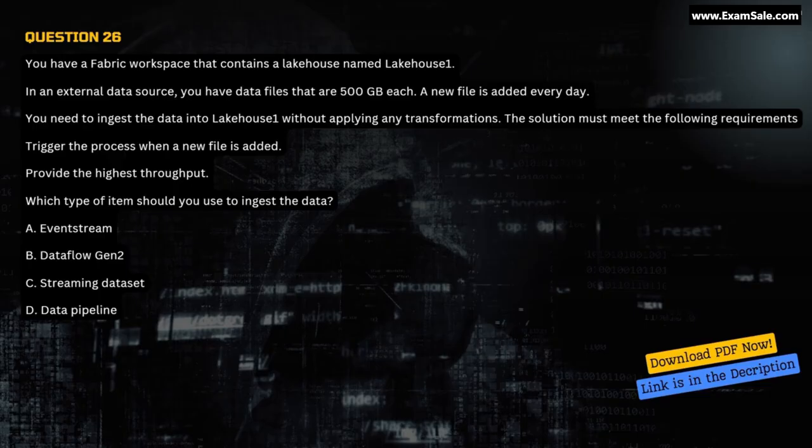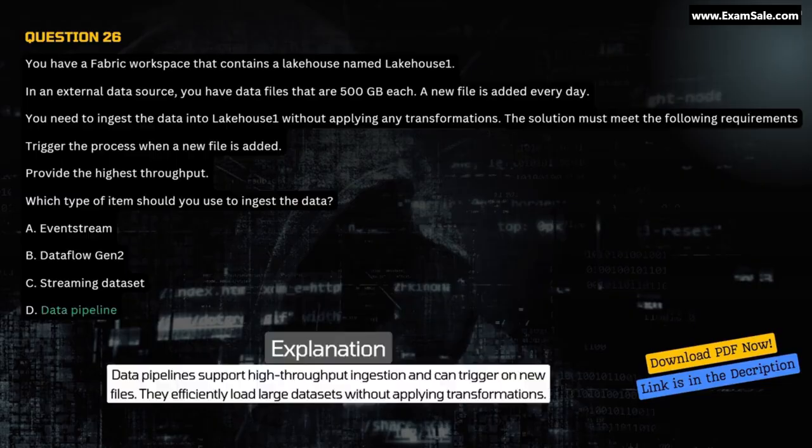Which type of item should you use to ingest the data? A. Event stream. B. Dataflow Gen 2. C. Streaming dataset. D. Data pipeline. Correct answer D. Data pipeline. Explanation. Data pipelines support high-throughput ingestion and can trigger on new files. They efficiently load large datasets without applying transformations.